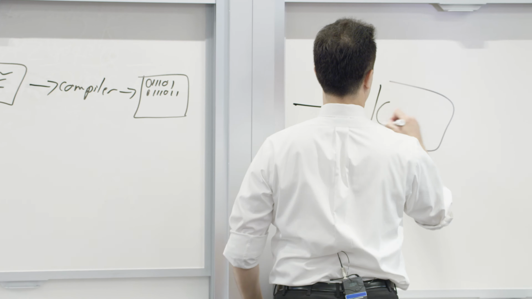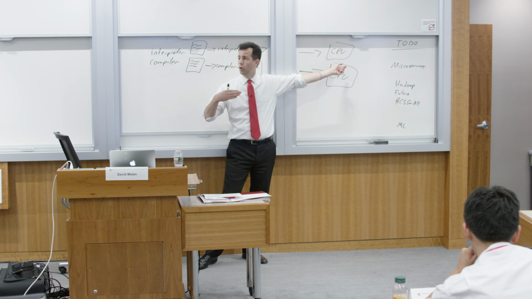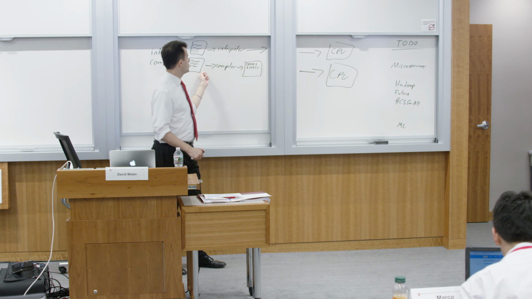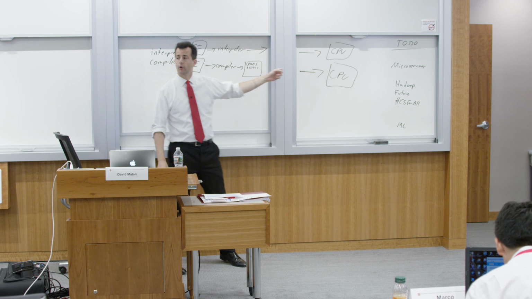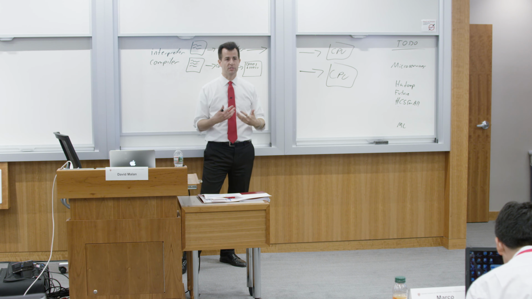There's some stuff happening. Really, what the interpreter is doing is reading your code, top to bottom, left to right. And anytime it sees an instruction it recognizes, it inside of it has zeros and ones that the CPU understands. So the interpreter is what's running on the CPU, and it's interpreting your program line by line. By contrast, when you compile a program with a compiler, it's your zeros and ones that are running on the CPU. And that's a reasonable distinction.